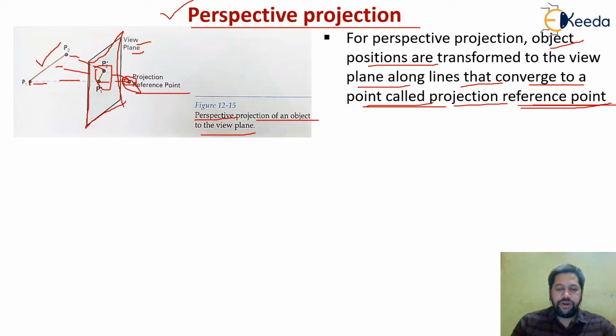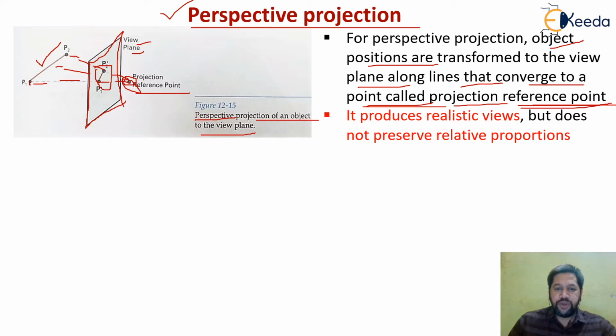Let us consider the next point. Perspective projection produces realistic views but does not preserve relative proportion. This is the drawback of perspective projection.